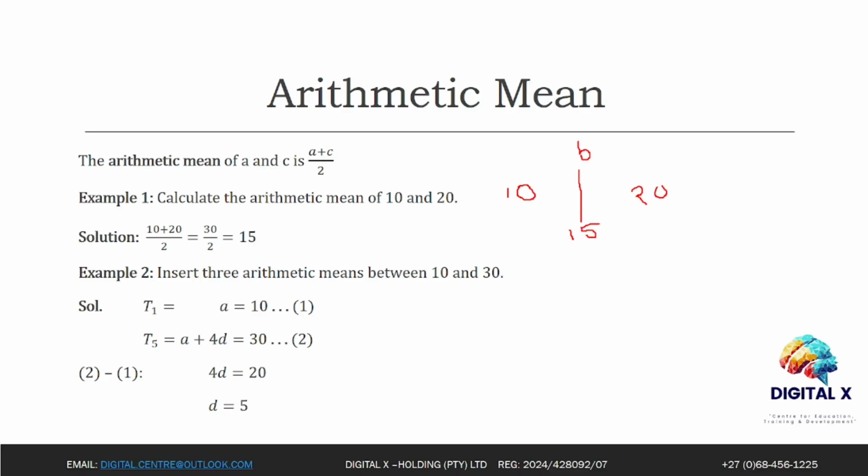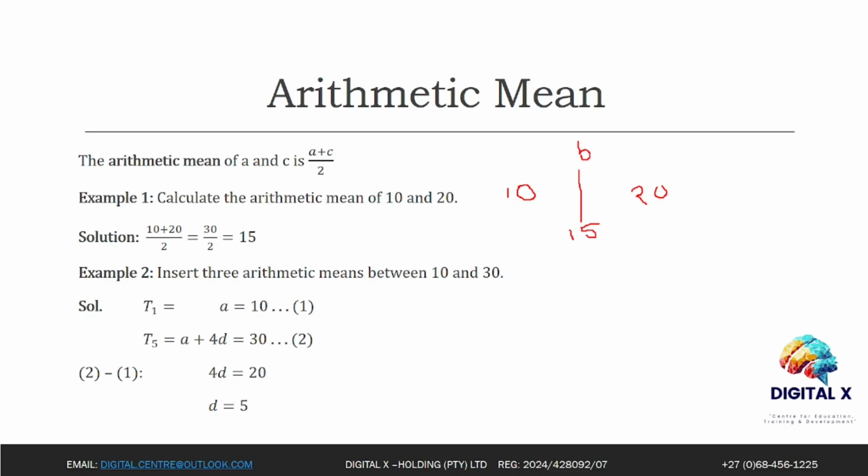So 10, 15, 20 now form three terms of an arithmetic sequence. So given two numbers, any terms inserted between them to form an arithmetic sequence will be considered arithmetic means.